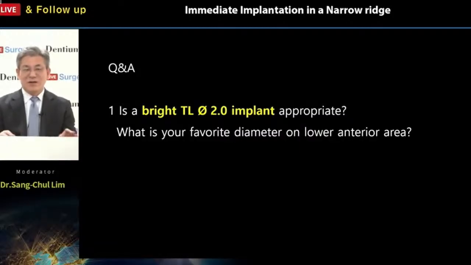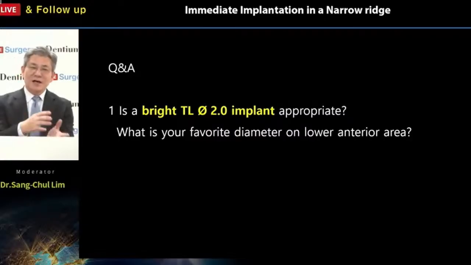So that does not match the simple, easy, faster surgery concept. So for me, I always try to stay under 2.5. Sometimes I choose 3.0 if the ridge width is available for 3.0.